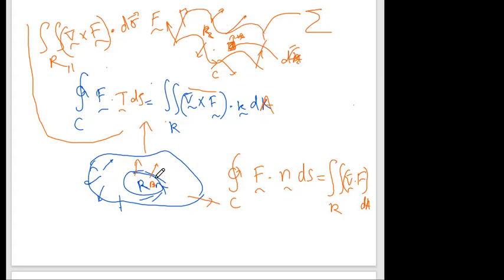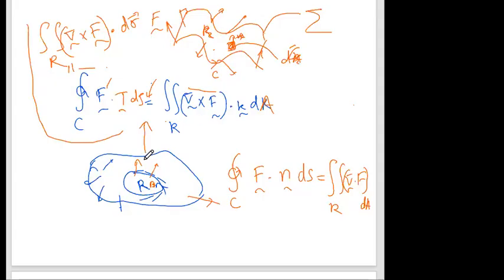Earlier, this C was a curve in two-dimensional space. Got it? So far so good, or do you have any questions? This is the two-dimensional Green's theorem, and Stokes theorem is the three-dimensional one. Got it? Did you understand that?